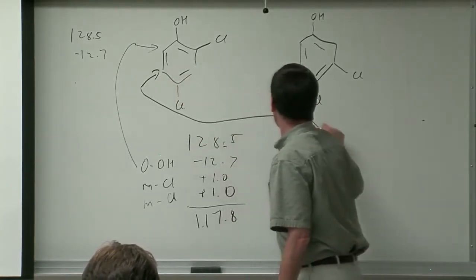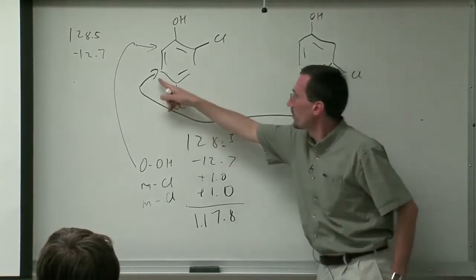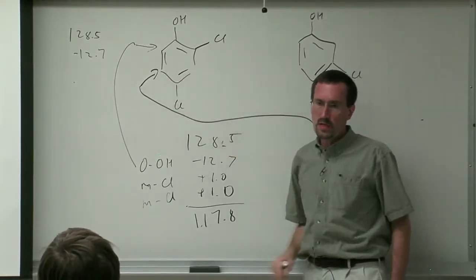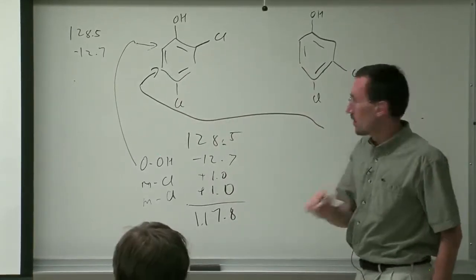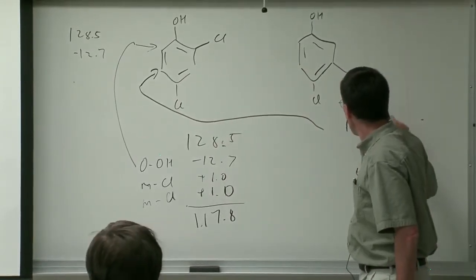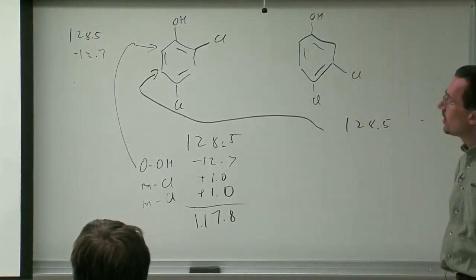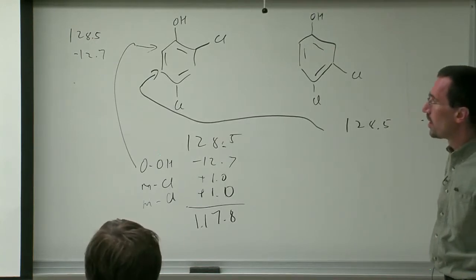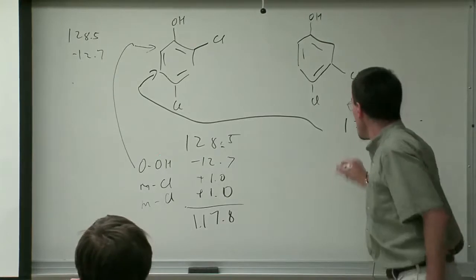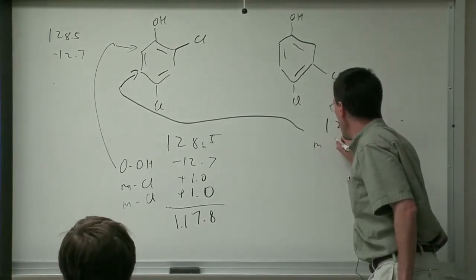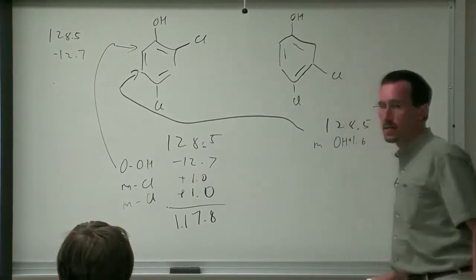Now I can do this next carbon. So you help me out with this calculation for this carbon. What do we use as our base value? 128.5. And then what do we do for the oxygen? The oxygen is meta to the OH, so we add plus 1.6.